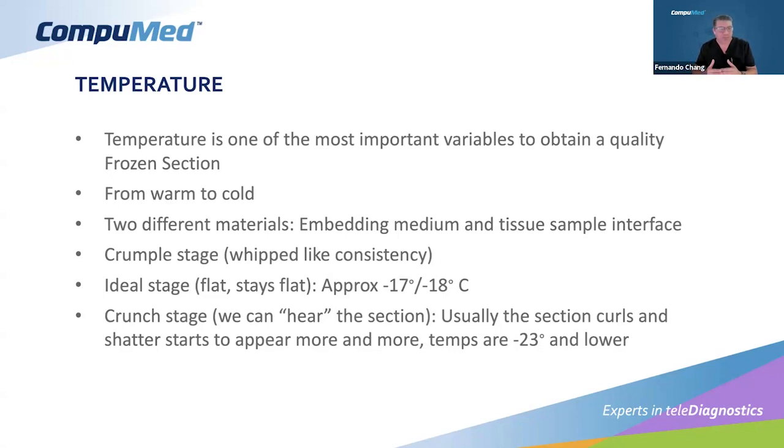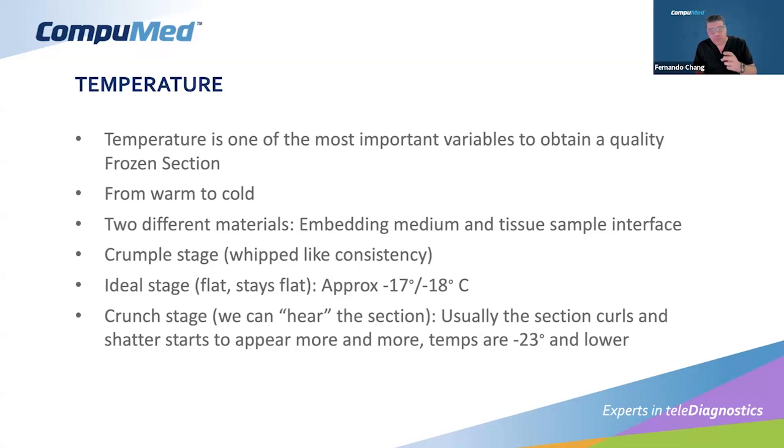So we divided the sectioning into 3 stages basically, and this is something that we passed on as knowledge to our residents for so many years with Dr. Stephen Peters, and he called the first the crumple stage.